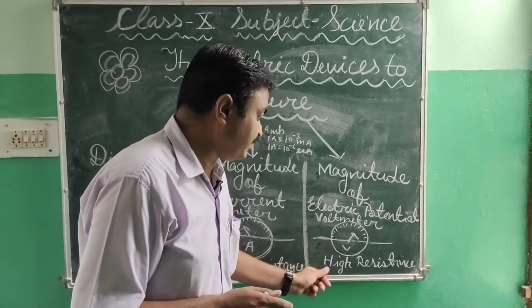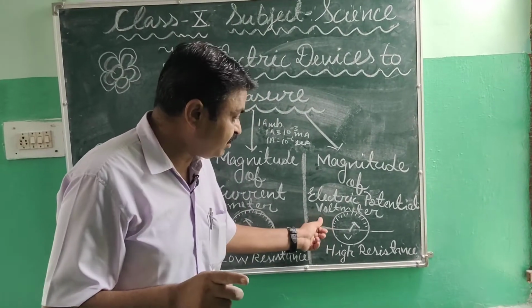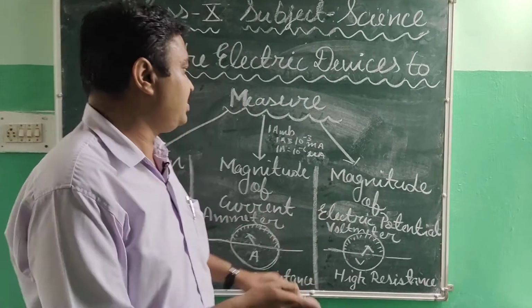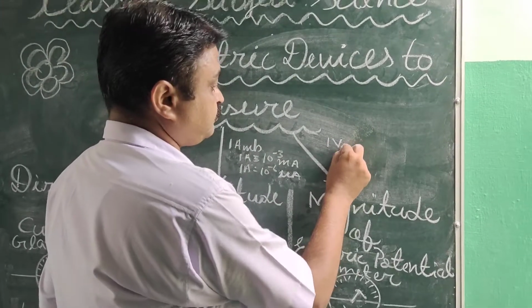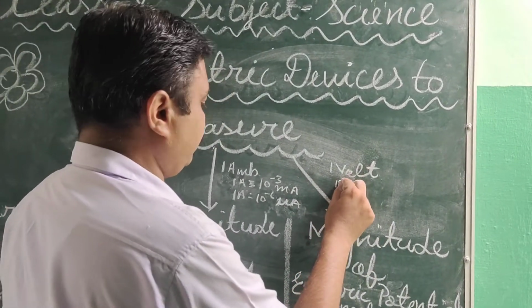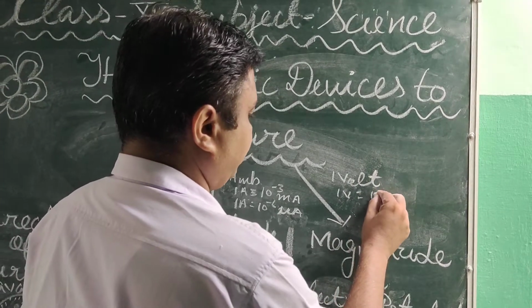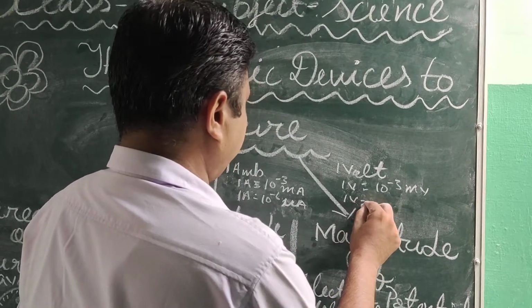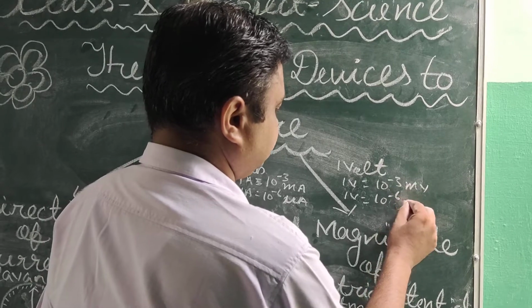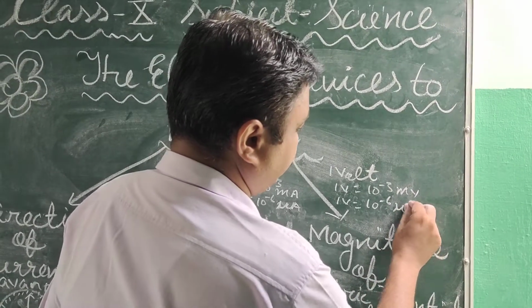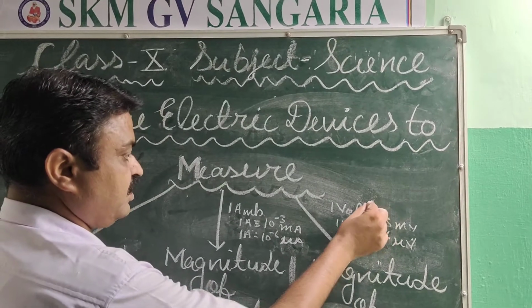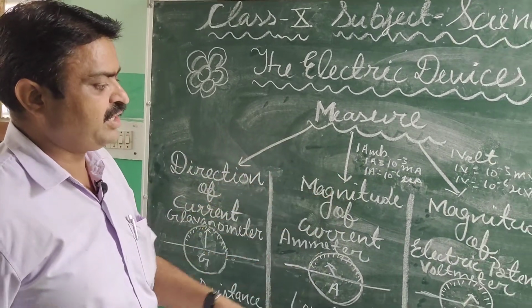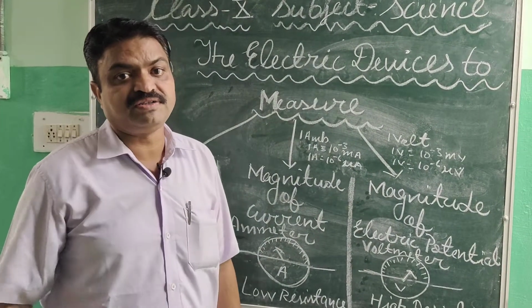It has high resistance, which means the voltmeter has high resistance, and the unit used here is the volt. 1 volt is also equal to 10 power 3 millivolt, and 1 volt is also equal to 10 power 6 microvolt. So this is about the electrical devices with which we measure the direction or magnitude of physical quantities related to electricity.